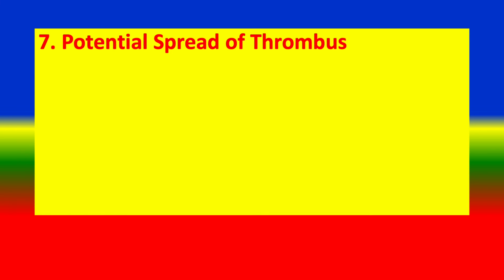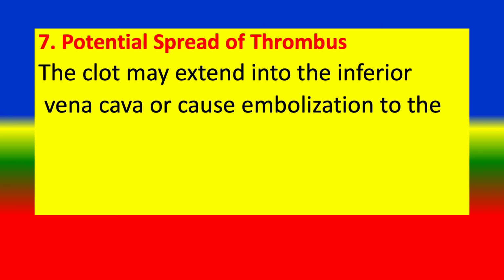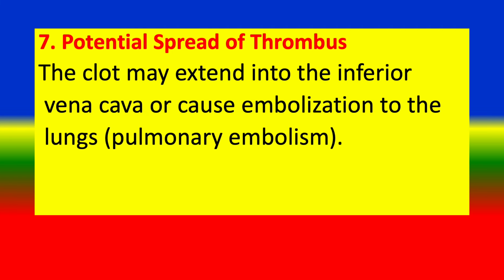Potential spread of thrombus. The clot may extend into the inferior vena cava or cause embolization to the lungs, pulmonary embolism.